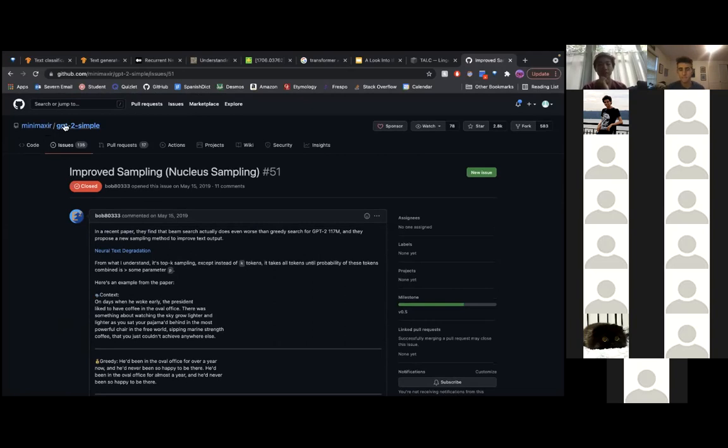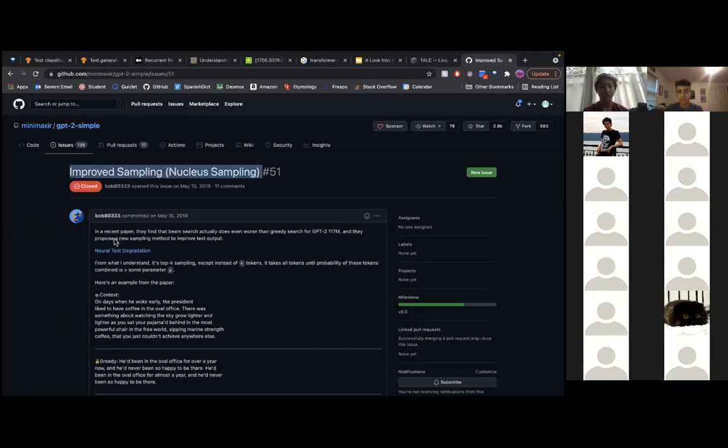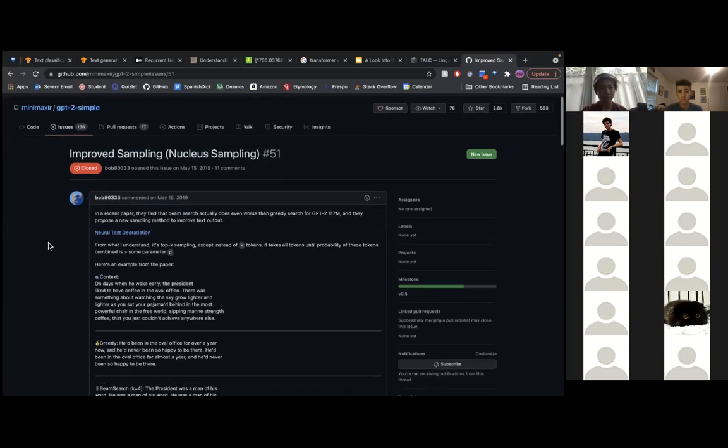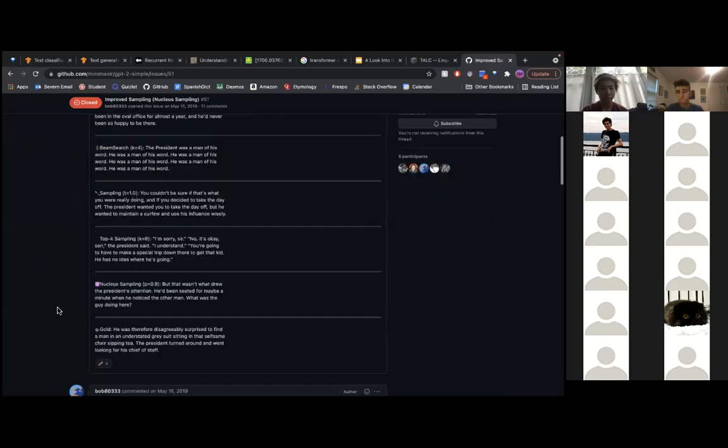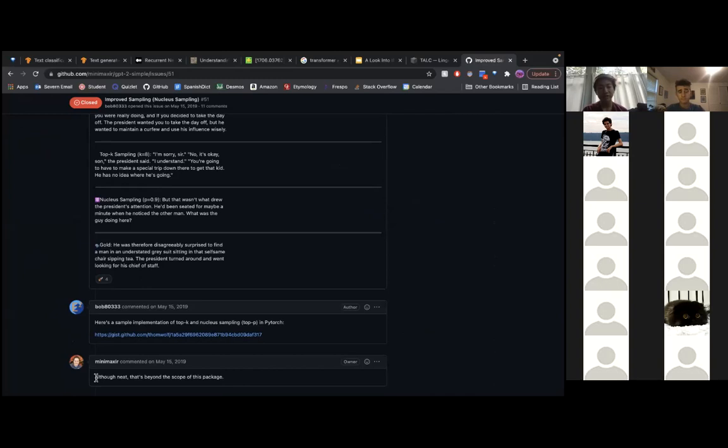Okay. So this is the GPT-2 simple repository hosted on GitHub. And the issue is improved sampling with nucleus sampling. And if we see, there's some proposal, and then the maintainer says, although neat, that's beyond the scope of this package, essentially saying, this is cool, but it's not necessary to be implemented.